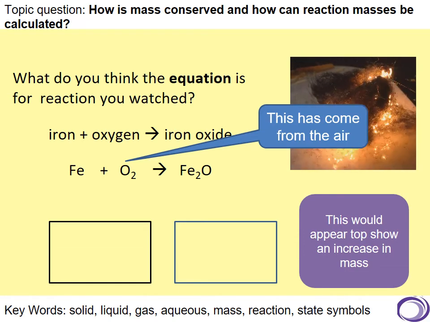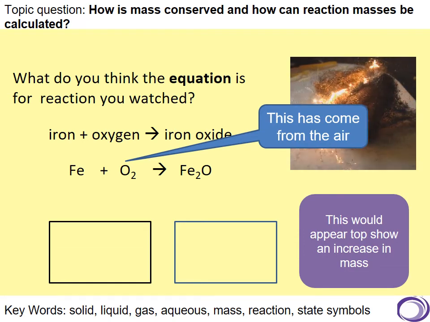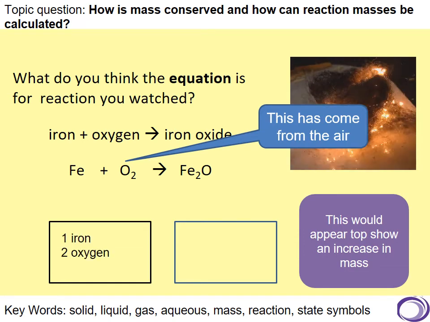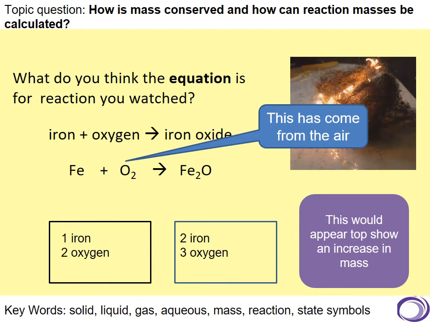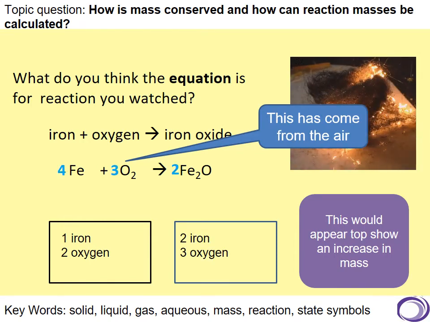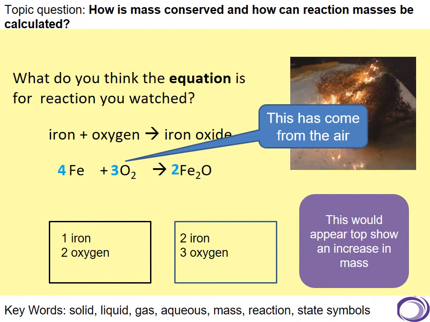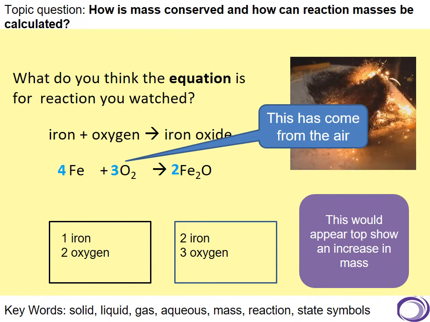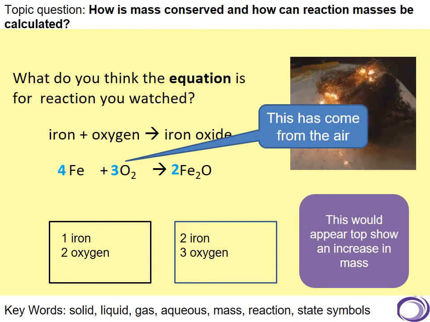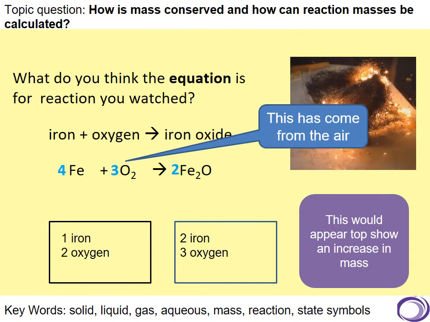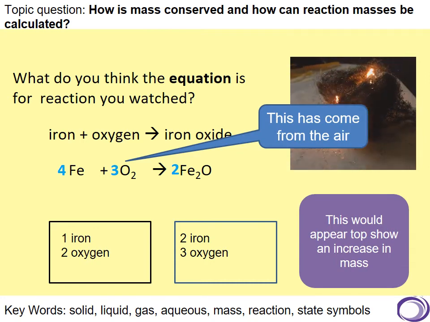Oxygen from the air is reacting with the iron. And we can balance the equation to show that 4 atoms of iron react with 3 molecules of oxygen to form 2 molecules of iron oxide.